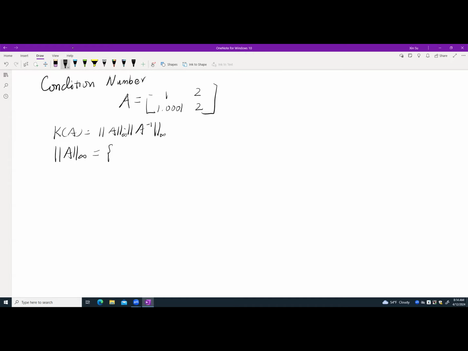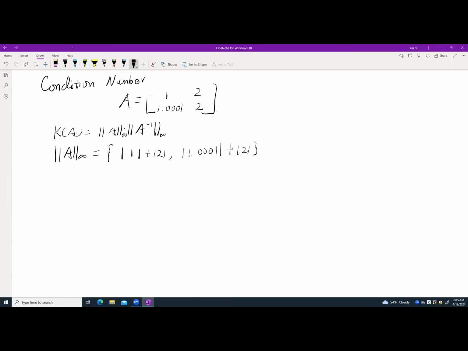New feature. So the sum of the first row should be 1 plus 2, and that is 3. And the next thing is the next row, the sum of the absolute values of the second row components, and that is 1.0001 plus the absolute value of 2.